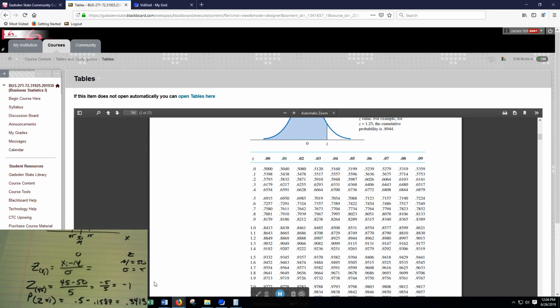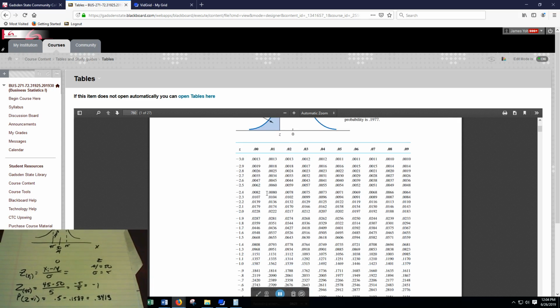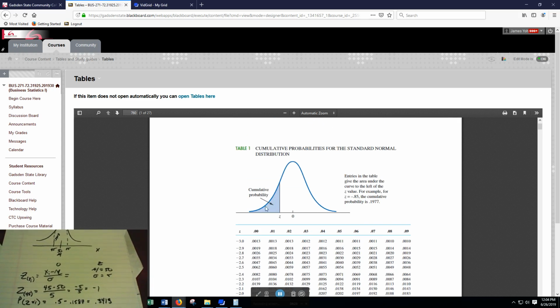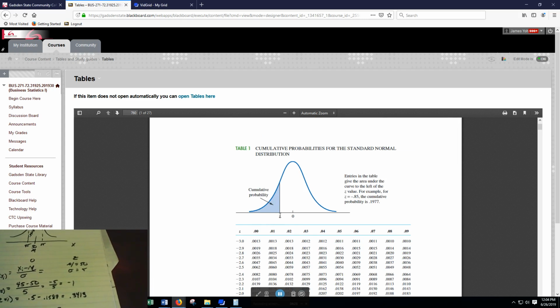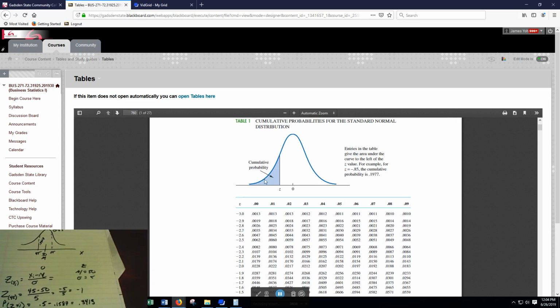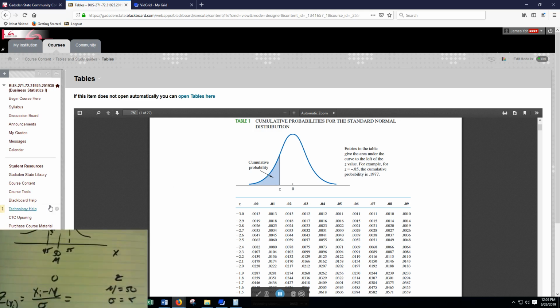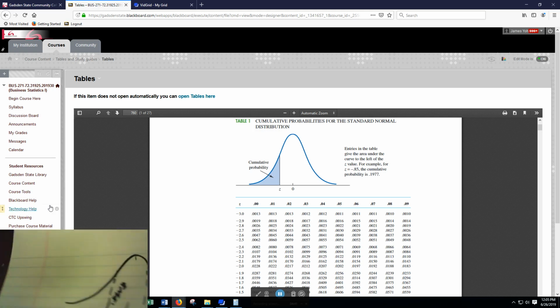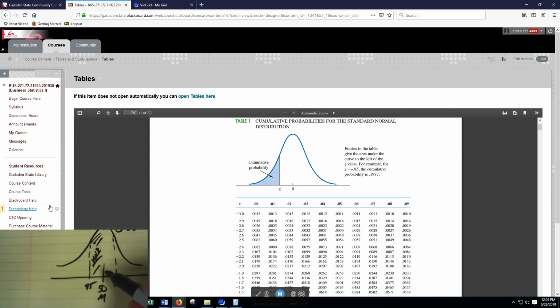So now we're going to go to our z tables, and we're going to find a z of negative 1. Now these are cumulative probability distributions. So this tells me the value of all of the probability to the left of that number. Now we don't want the probability to the left of 45. We want the probability to the right of 45 between it and the mean.